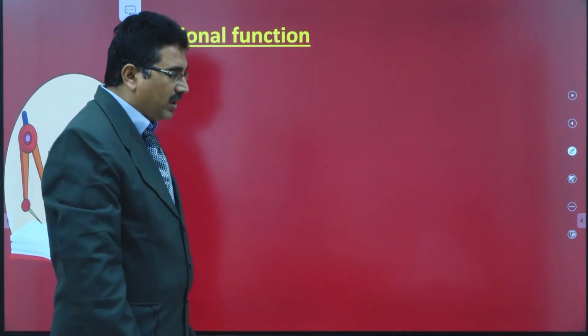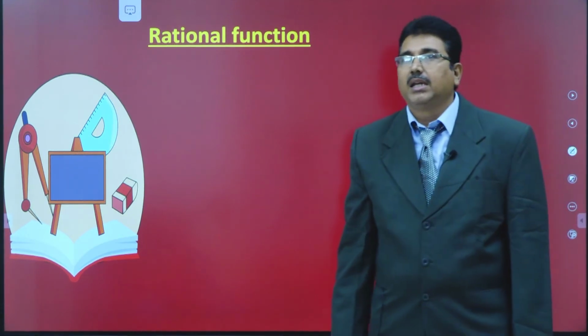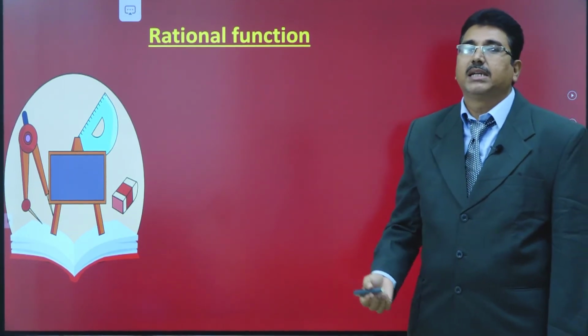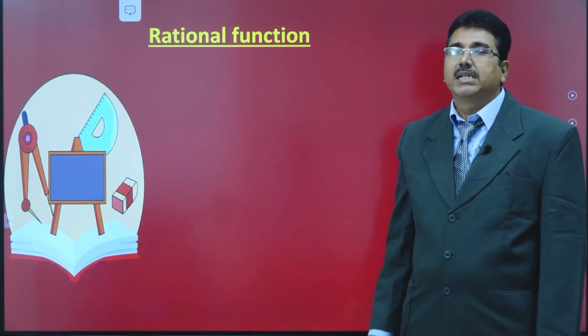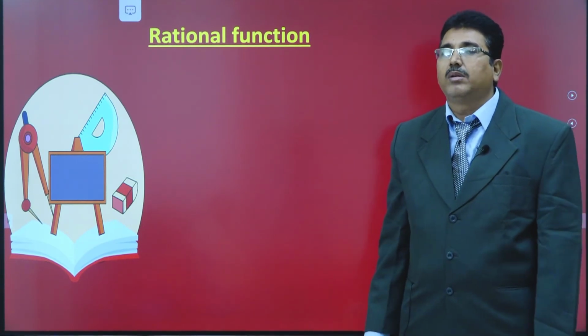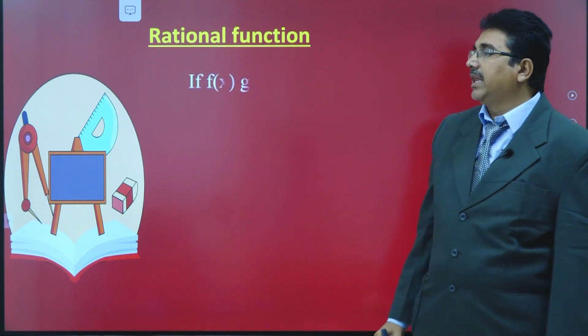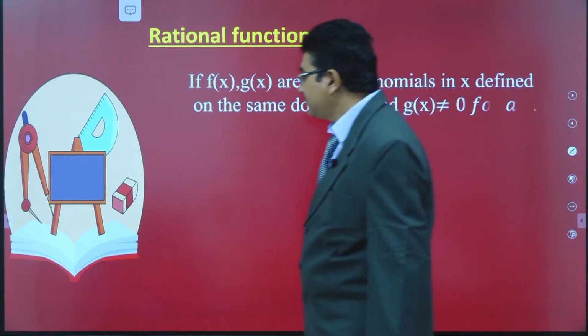Now, another function, rational function. Rational number is known to all. Rational number means a number of the form p by q. Now, how to define a rational function?